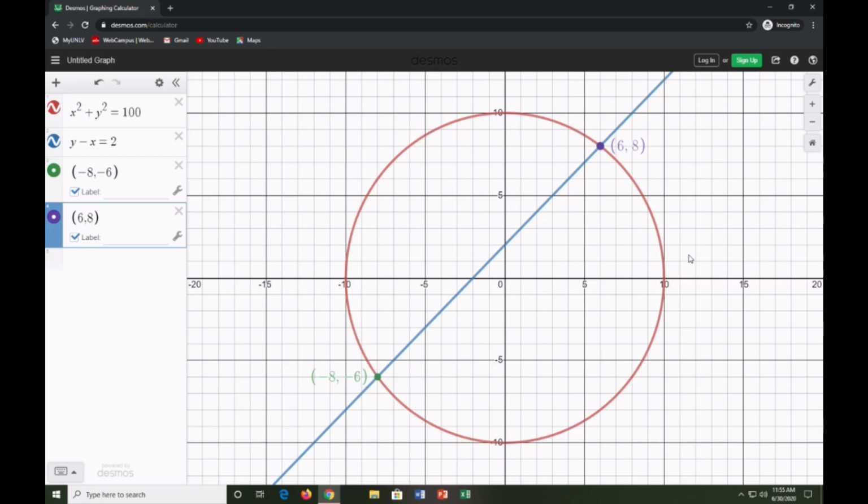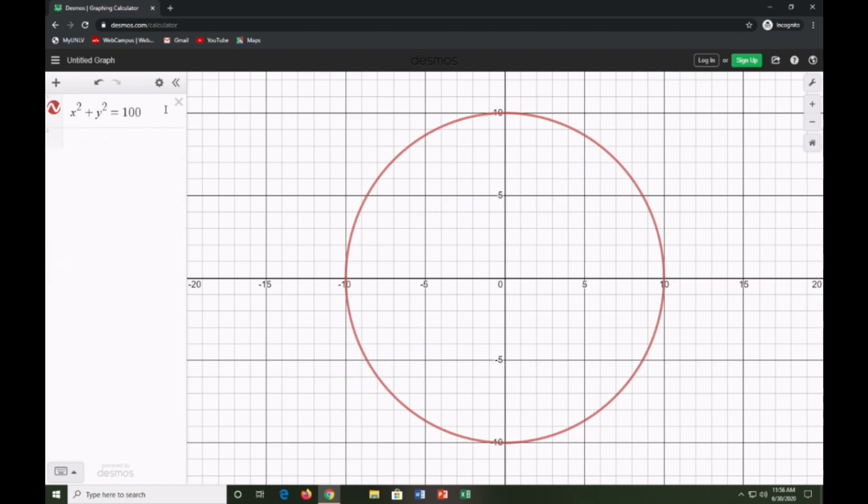I wanted you to see the graph so you are familiar with the interpretation of these solutions that we have. Those 2 points that we found are where the circle and the line intersect each other. And this is a system of nonlinear equalities, and we'll get to inequalities later as well. All right, so let's go to the next system.